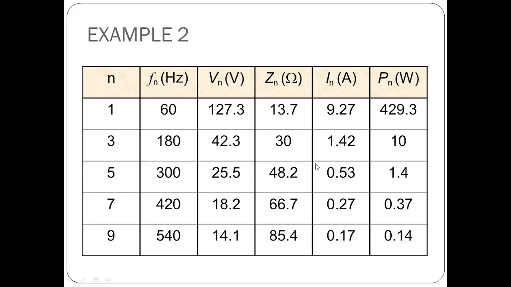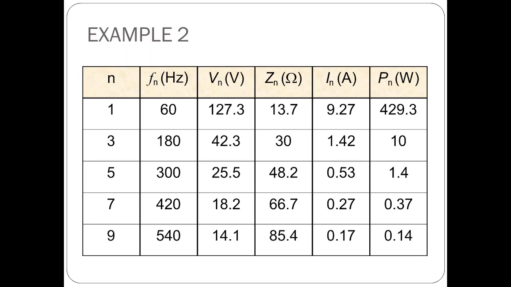And here the power is being calculated by In square R, where the resistance value is given as a fixed value, and from it we will be calculating the power. For 60 Hz there is the maximum amount of power generated, and as the frequency goes on increasing, we can see that due to the impedance the current is reducing, and the voltage also reduces.